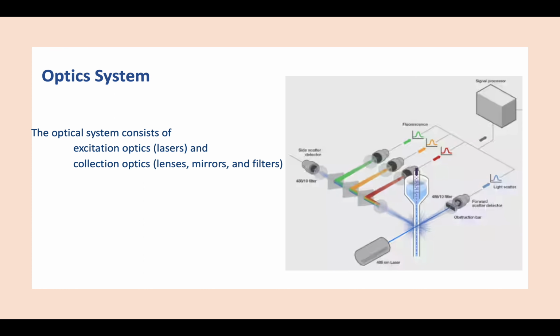And based on the wavelengths of the light, the fluorescence signals get rerouted to their specific detectors, like what we see in this picture over here, where the red signal is being directed to the red detector, the yellow signal is being directed to the yellow detector, and similarly the green signal is being directed to the green detector.